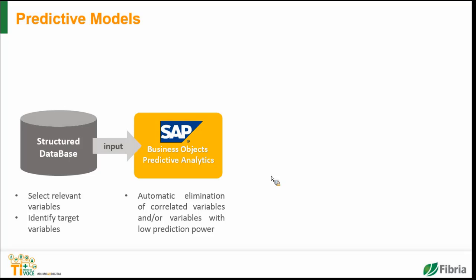So you inform like 100 variables to SAP Predictive Analytics, and after the run, it will automatically select all the variables that contribute to the target, and take off all the variables that don't explain the target at all. The predictive analytics does this automatically.